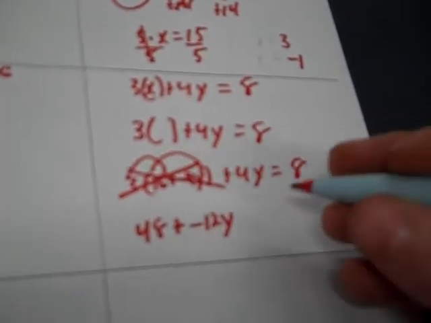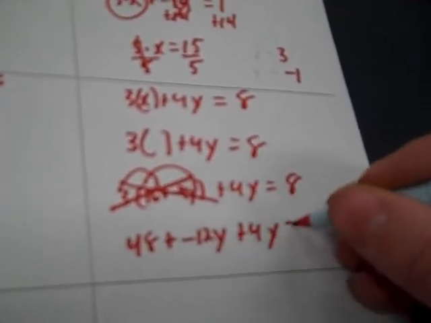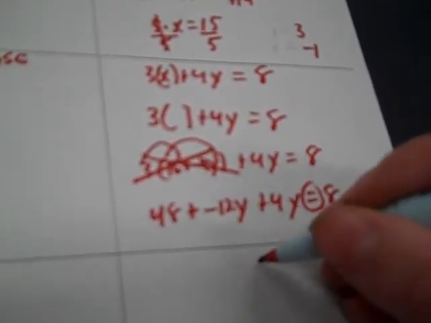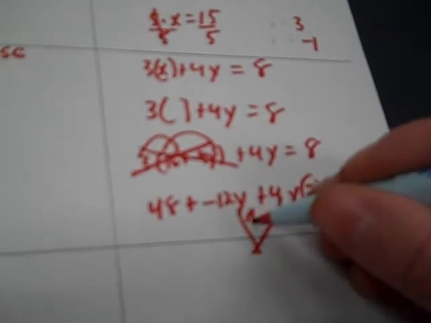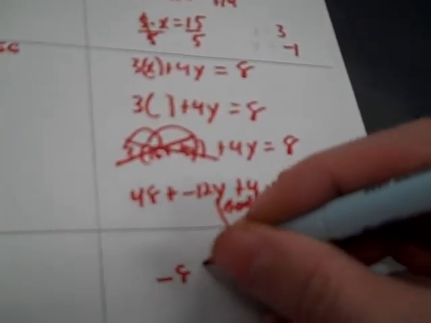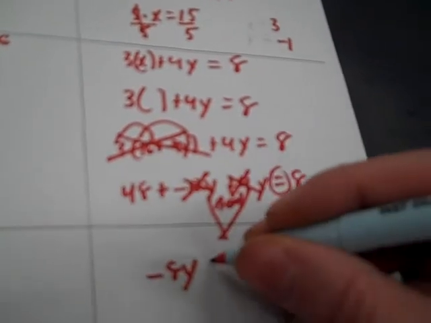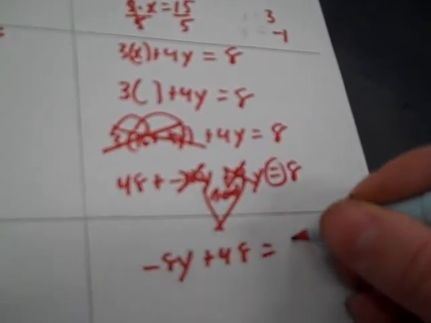Now, before equals, you got to add 4y equals 8. Now here's the equals, so the y's I have are on the same side, so I make the adding pyramid, and I add negative 12 plus 4, and that's negative 8 with y. And so I cross those out, so before equals we have to add our 48 equals 8.